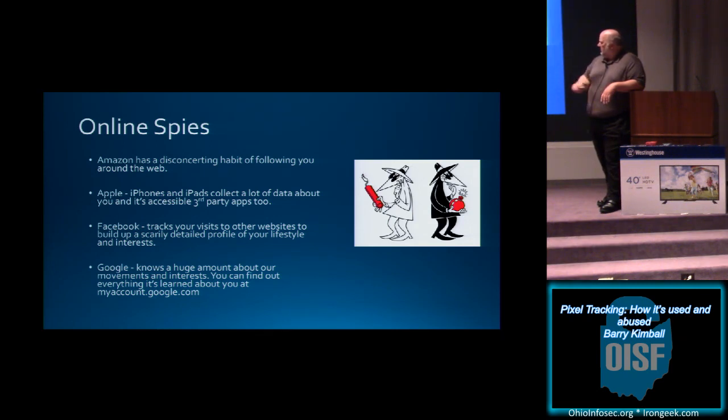But the interesting part is most of them have made publicly available how much telemetry they've collected on you. Like at the bottom there is Google: you go to your account on that website, and it'll tell you what they've collected on you. There's some more later in my slide deck too for, I believe, Facebook, and Amazon has one as well. It's a little bit more complicated to get to.